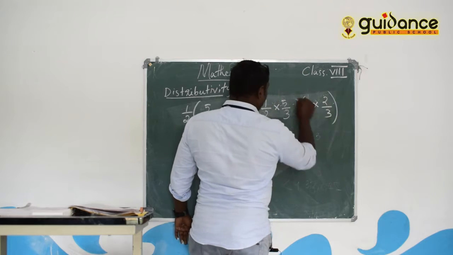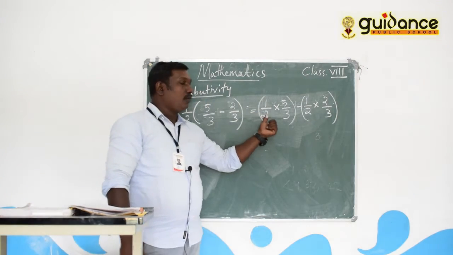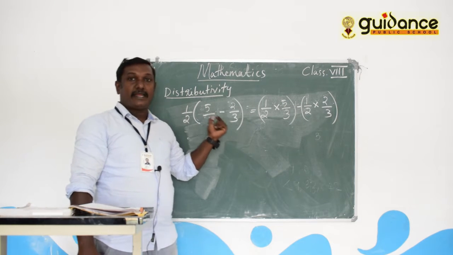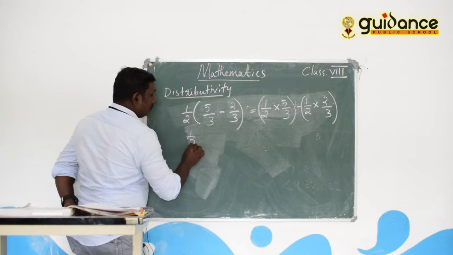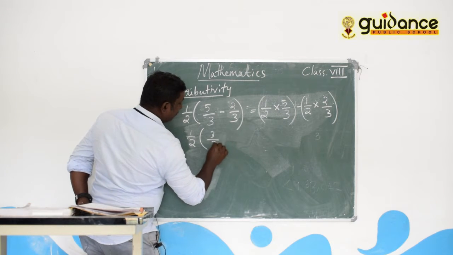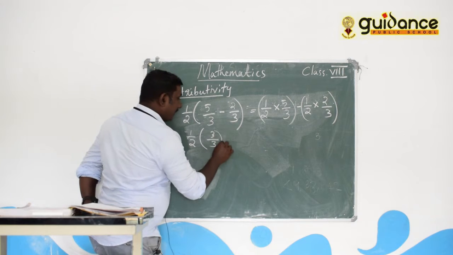Look here, we have to multiply each number by 1 by 2. At the left hand side we subtract, and after subtracting only we do the multiplication. So 1 by 2, what is the subtraction? 5 minus 2 is 3, so 3 by 3, because after subtracting we will get it this way.